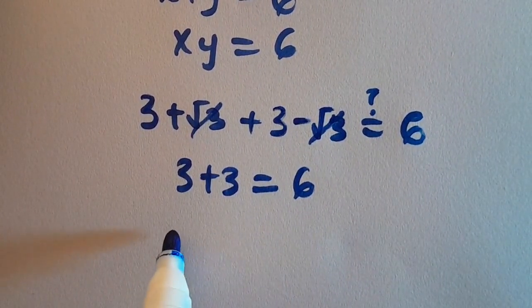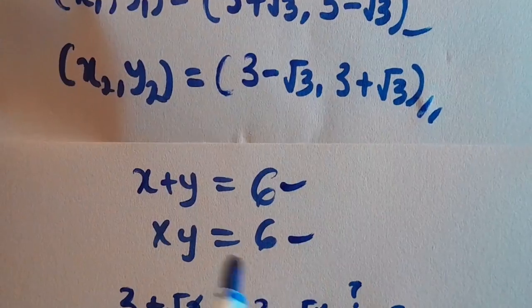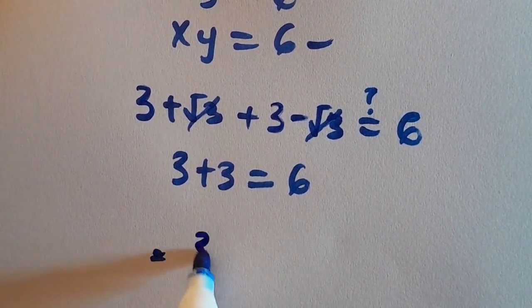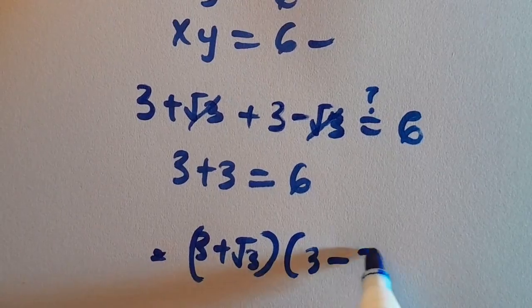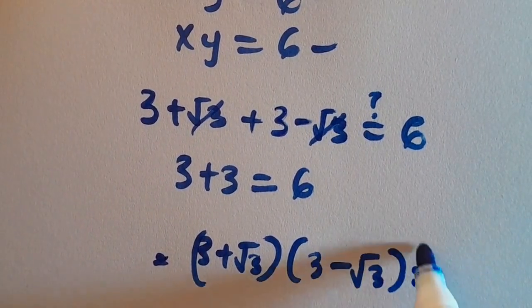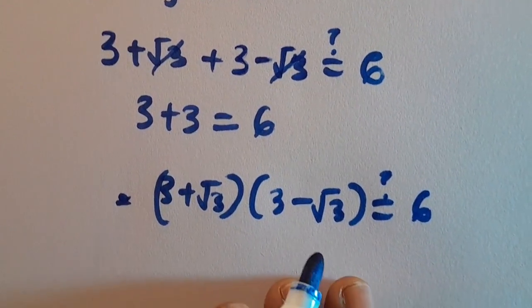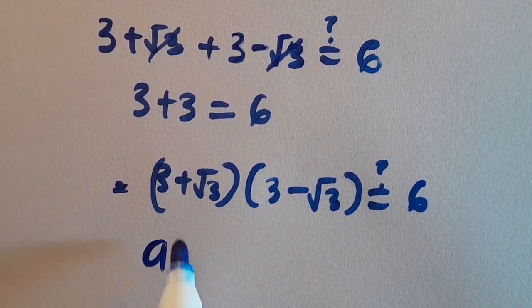And likewise, this will be 3 plus root 3 and 3 minus root 3, then it's going to give us 6. So from here, this times this will be 9.